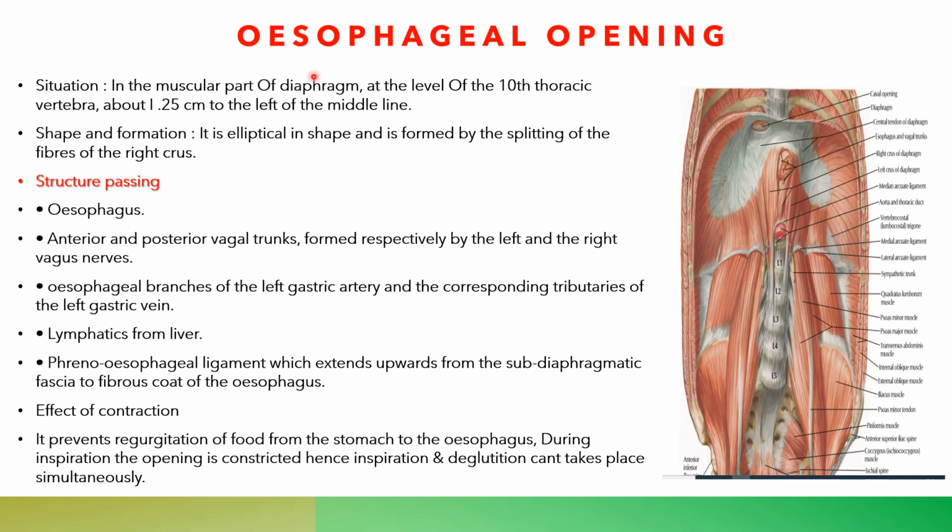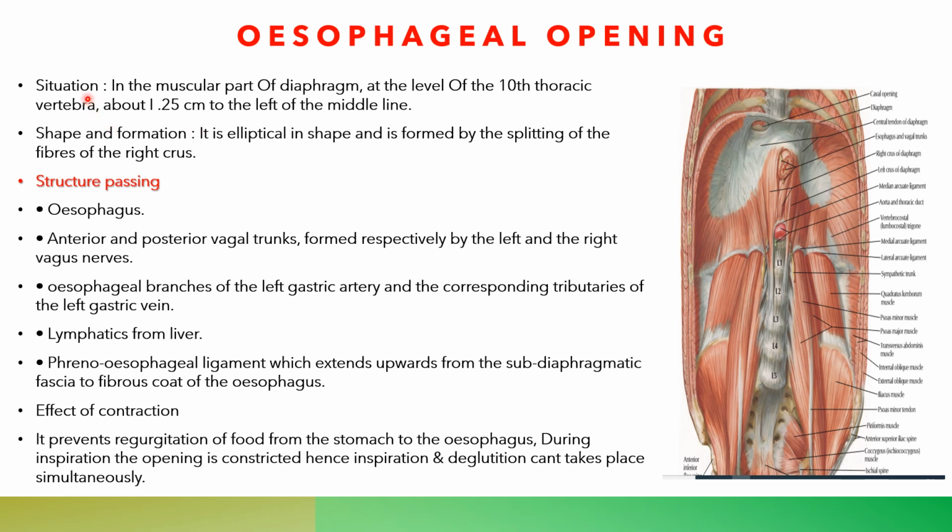Now let us discuss the esophageal opening of the diaphragm. This is one of the major openings of the diaphragm. In this picture, this is the esophageal opening, and this is the inferior vena cava opening which we discussed in the previous slide.